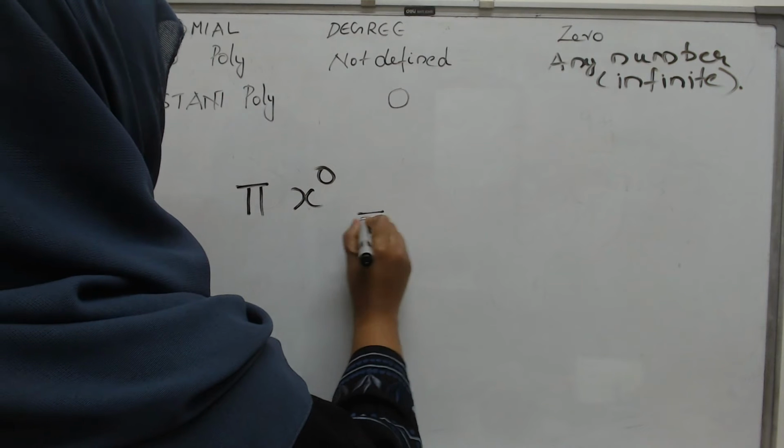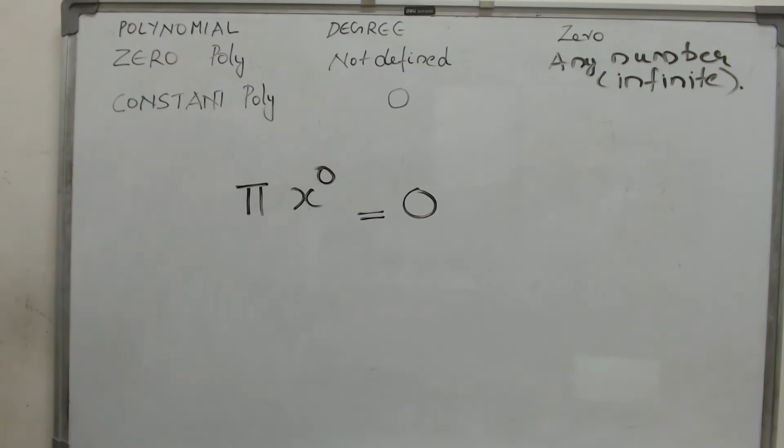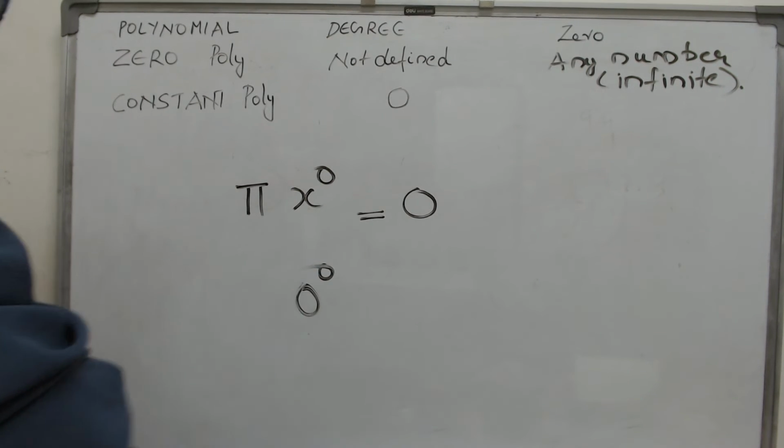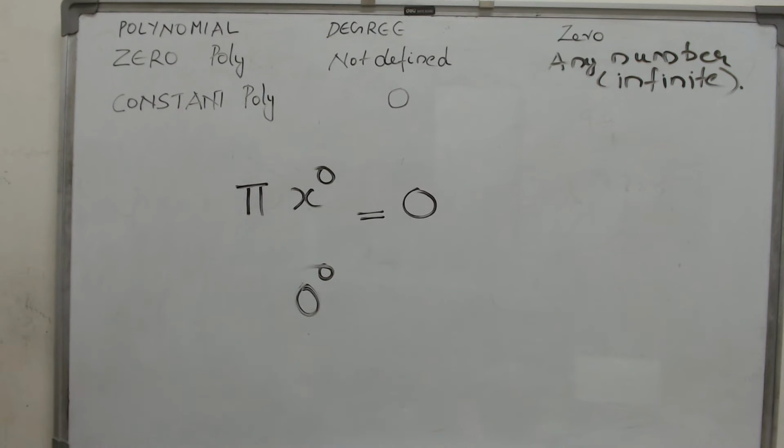Now, for what value of x will this become 0? Absolutely no value. Why is that? Instead of x, put any number that you can think of, any non-zero. You cannot put 0. Okay, 0 raised to 0 is what we call an indeterminate form in maths. You cannot put that.